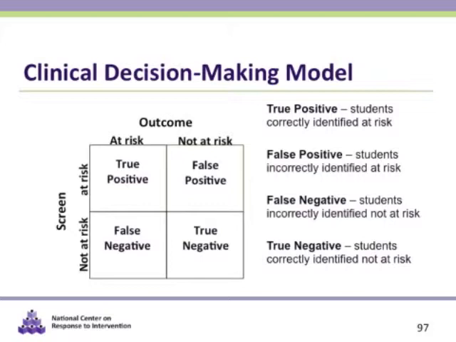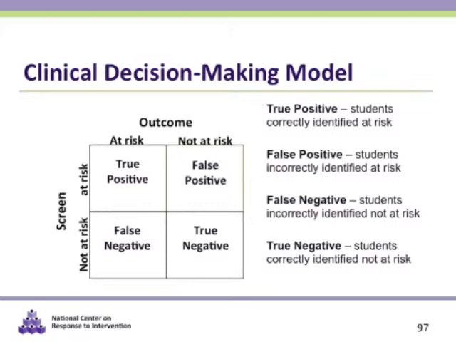So we had a false positive. Or our screener identifies the kid as not at risk, and in fact, the kid really was at risk. So we had a false negative. This is why we have additional assessment as part of our screening process, such as follow-up progress monitoring, or teacher observation, or other formal tests.